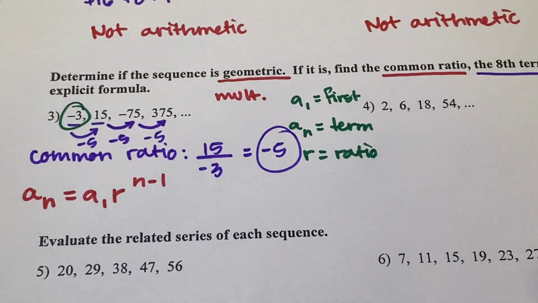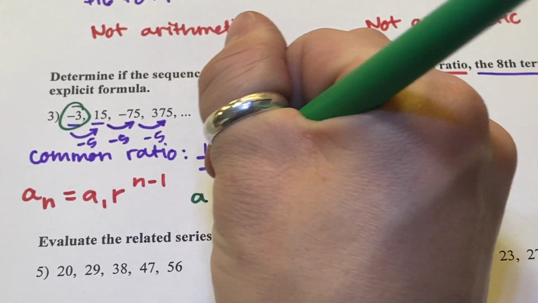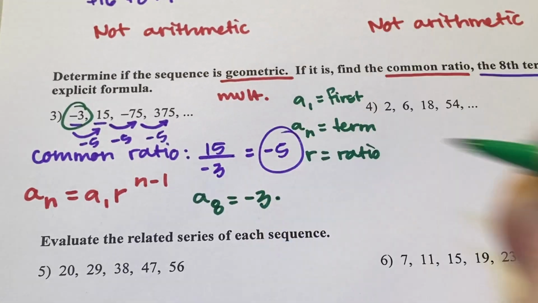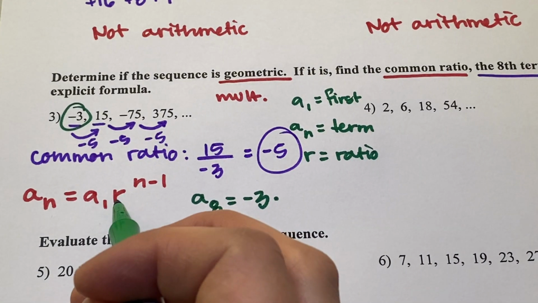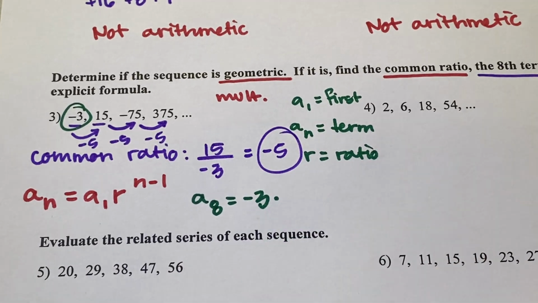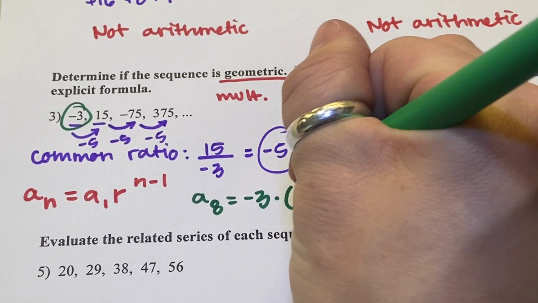So, in order to find the 8th term, A sub 8, we're going to take negative 3 times our ratio. What was our ratio? Negative 5.